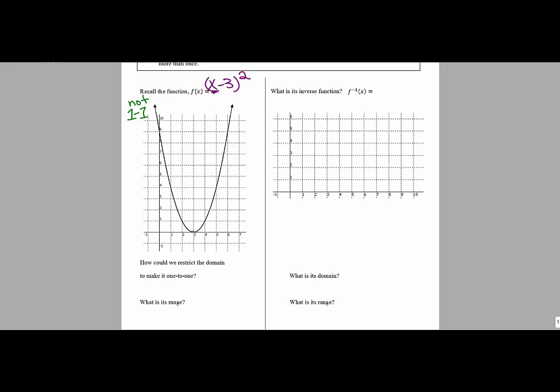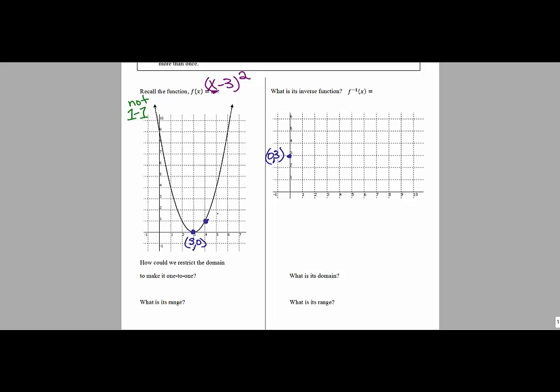First of all, the idea of an inverse is that we take the original points, so this would be 3, 0, and the inverse function reverses the order of those points. So instead of 3, 0, the inverse function would take in a 0 and spit out a 3. So it reverses the x and y values of the points themselves.